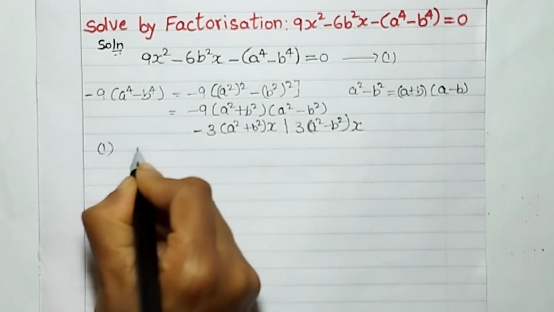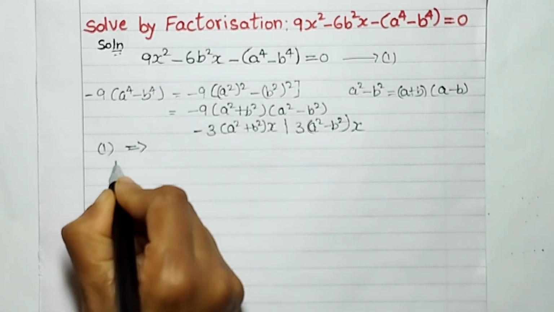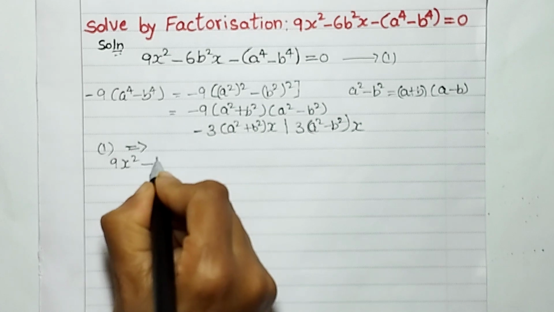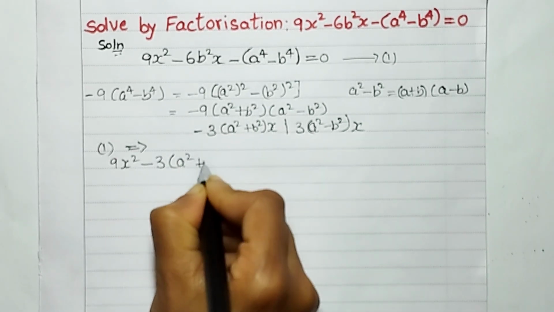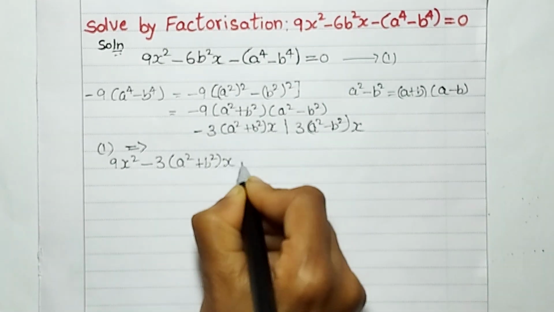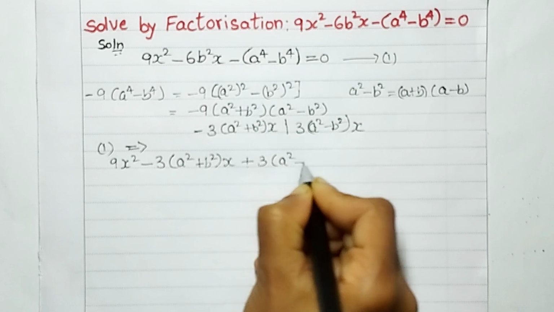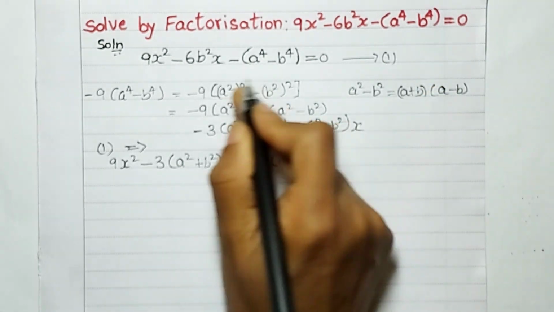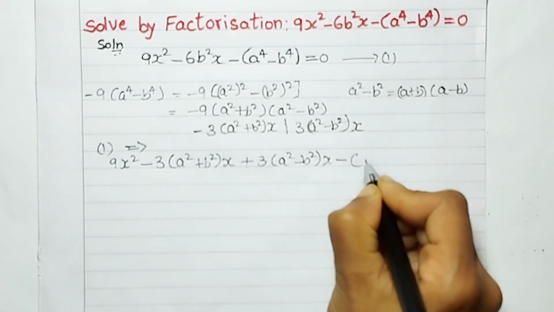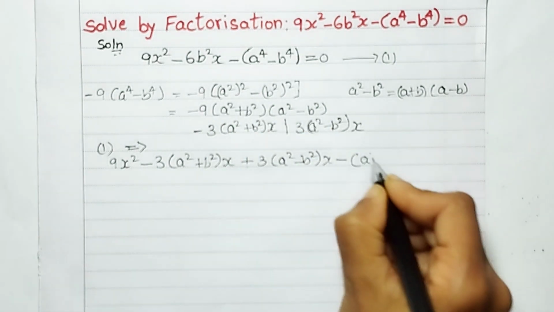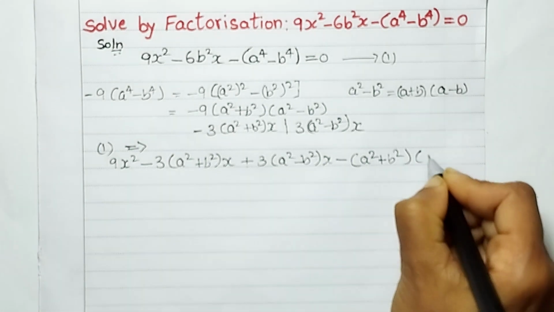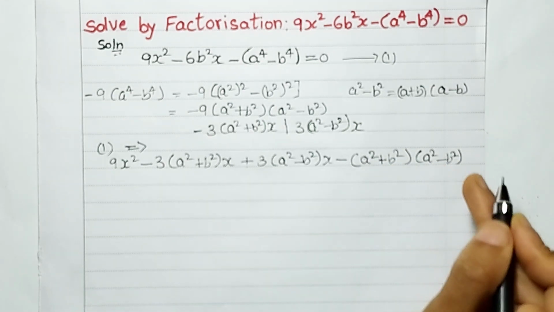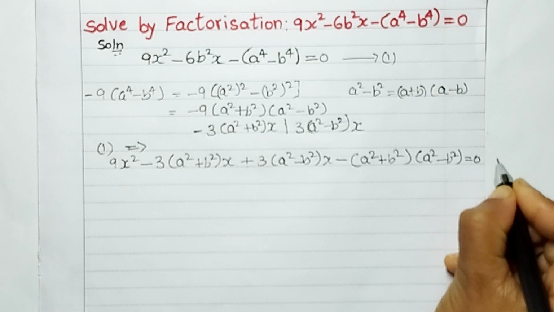Now equation 1 implies 9x² − 3(a² + b²)x + 3(a² − b²)x − (a⁴ − b⁴) = 0. Write a⁴ − b⁴ as (a + b)(a − b), that is (a² + b²)(a² − b²).